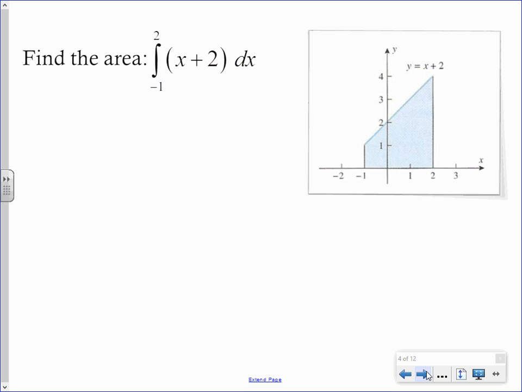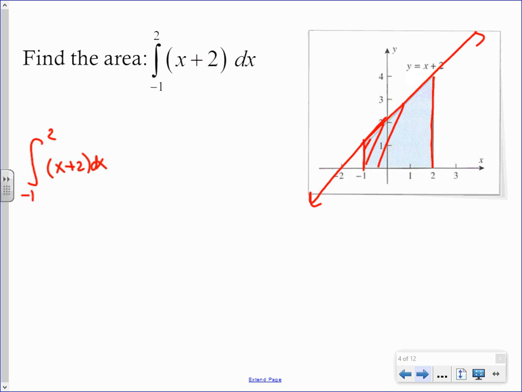All right. So if we want to find this area, you see that I have graphed the line, and then from -1 to 2 blocks that off. So how many of you vote we use a trapezoid?